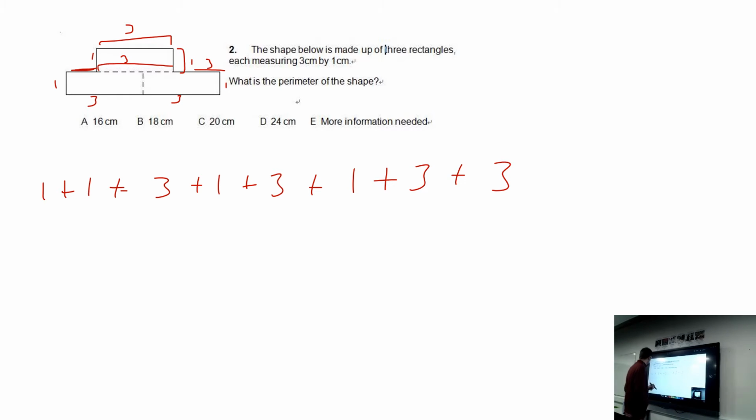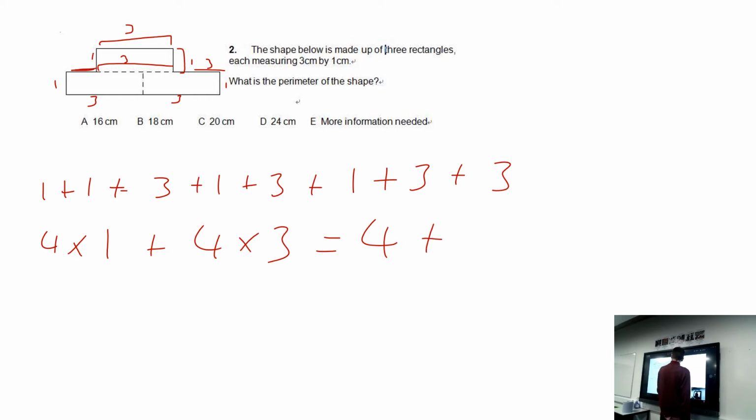So how many 1s do we have? We have 4 1s, so 4 times 1. And how many 3s do we have? We have 4 times 3, so that's equal to 4 plus 12, which is 16. So the answer is A, 16 centimeters.